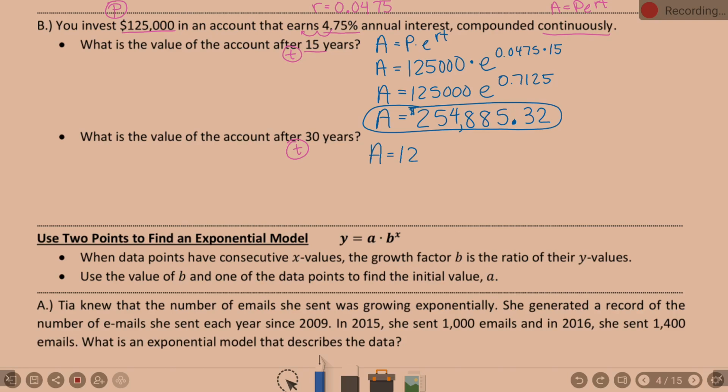So this time it's still 125,000 times e to the 0.0475. Instead of times 15, I'm going to do times 30. You could enter it like this if you want. If you clean it up, 125,000 times e to the 1.425.